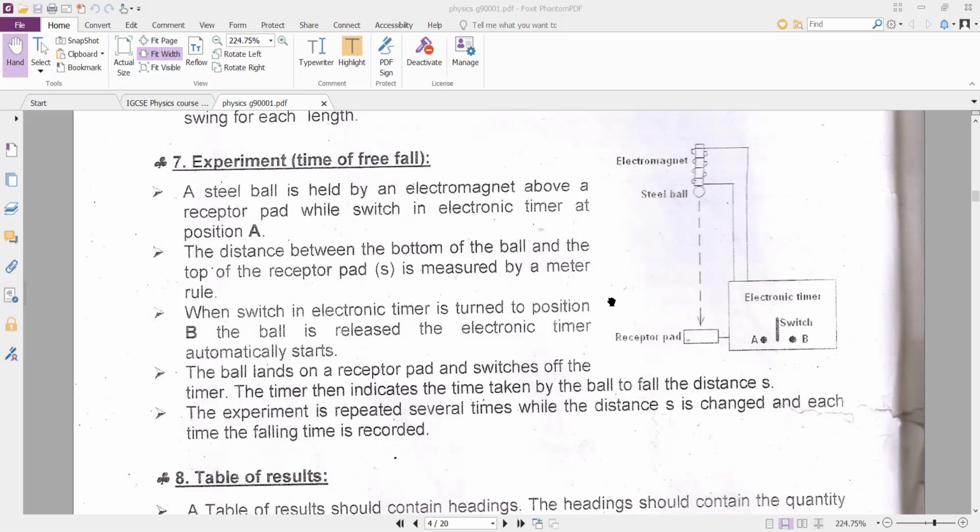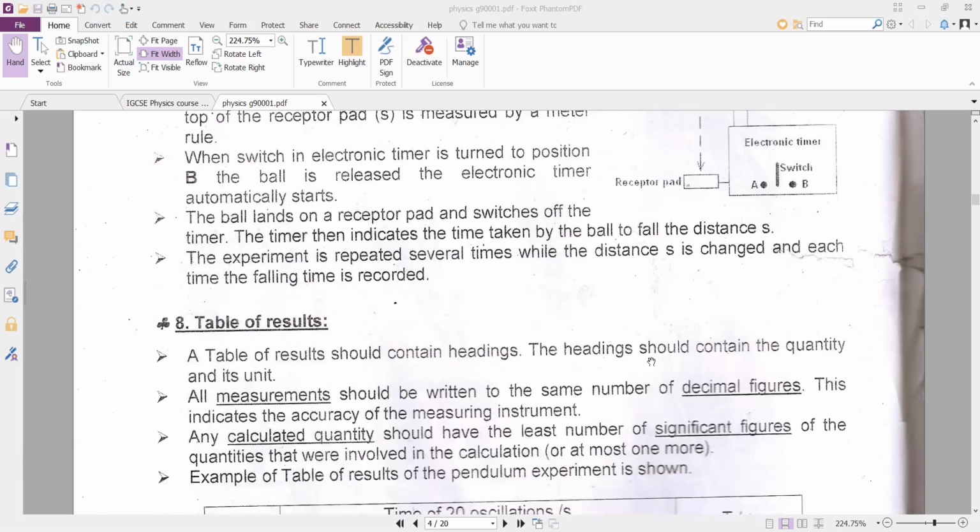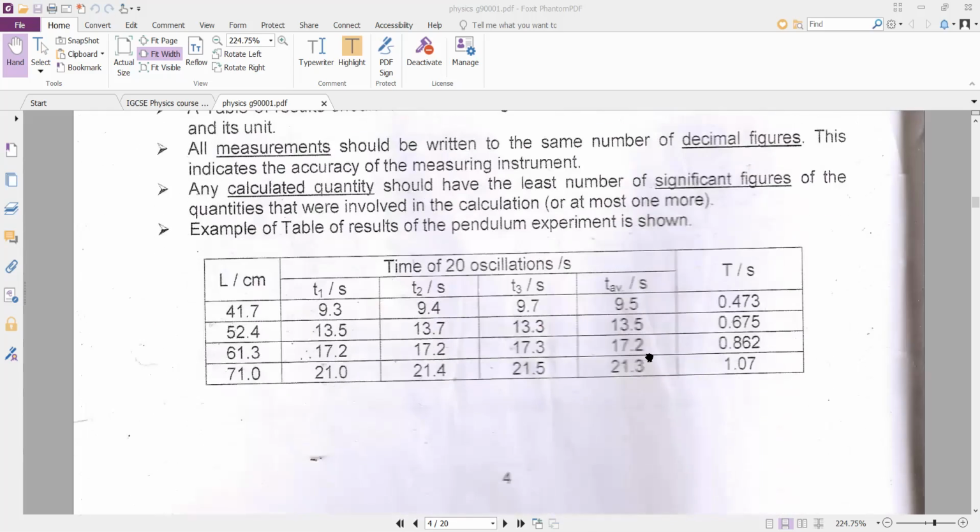This is the table of results. The length is in centimeters: 41, 52, 61, 71. And this is the time in seconds: time 1, time 2, time 3, and the average.